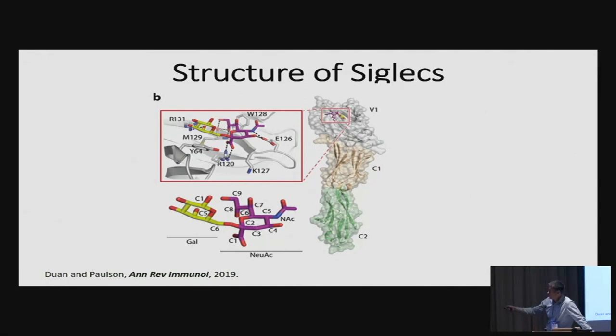This is not a strong interaction for those of us that are used to thinking in biochemical terms. These interactions for the Siglecs range anywhere from 5 millimolar, which is some of the weakest ones that have been measured, you'd be hard pressed to measure anything that's weaker than that, down to about 50 micromolar. These are natural interactions.